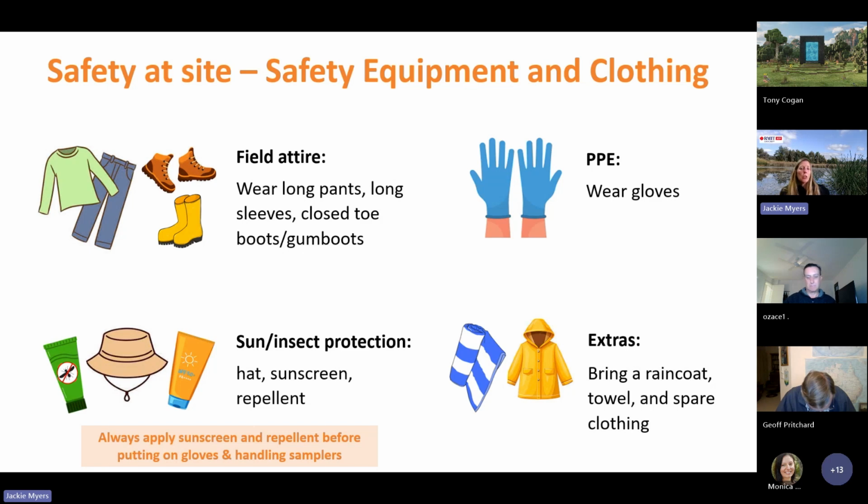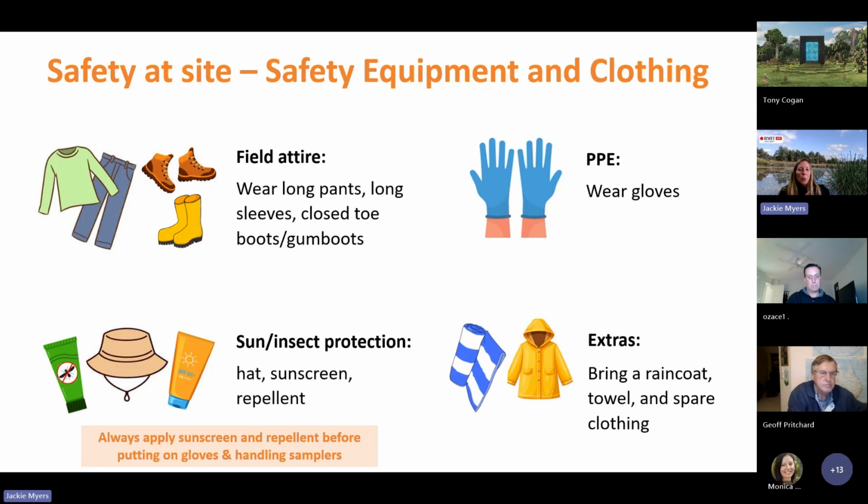You might want to bring additional weather protection if it's predicted to be raining, like a rain jacket. For sun and insect protection, we want a hat, sunscreen, and repellent, but again, really important to apply these before touching or doing anything with the samplers.